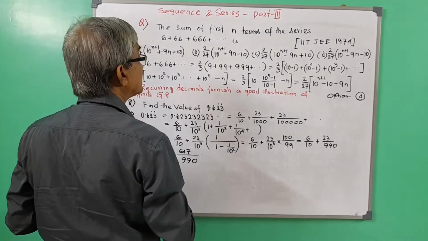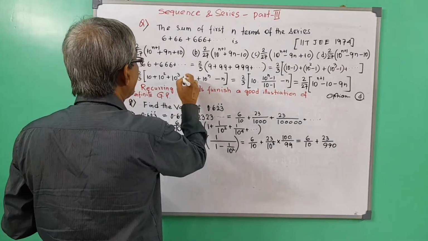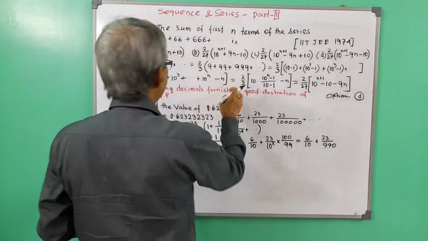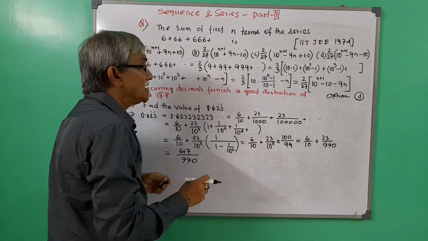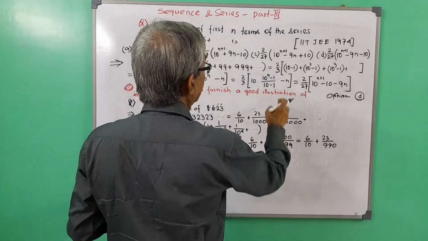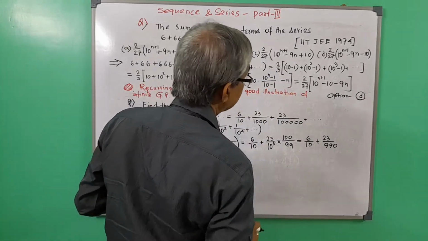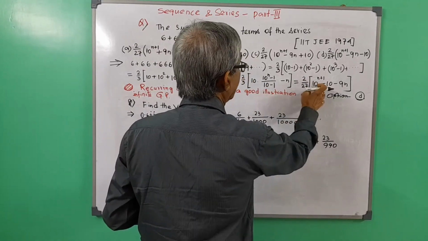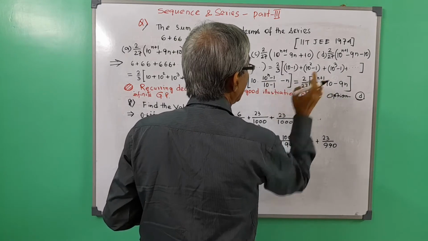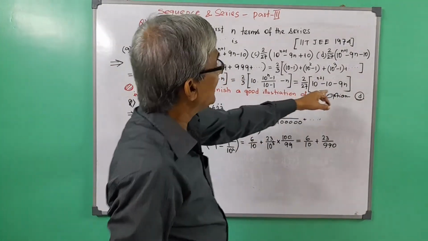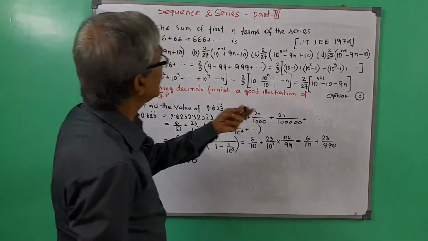There are n times of 1, that is why it is minus n. Therefore, 2/3, the first one is a GP. So 10 into 10 to the power n minus 1 by 10 minus 1, then minus n. So this is equal to 2/27 whole into 10 to the power n plus 1 minus 10 by 9, that 9 I have taken outside, 2/27 it becomes, and minus 9n. So that is the option D.